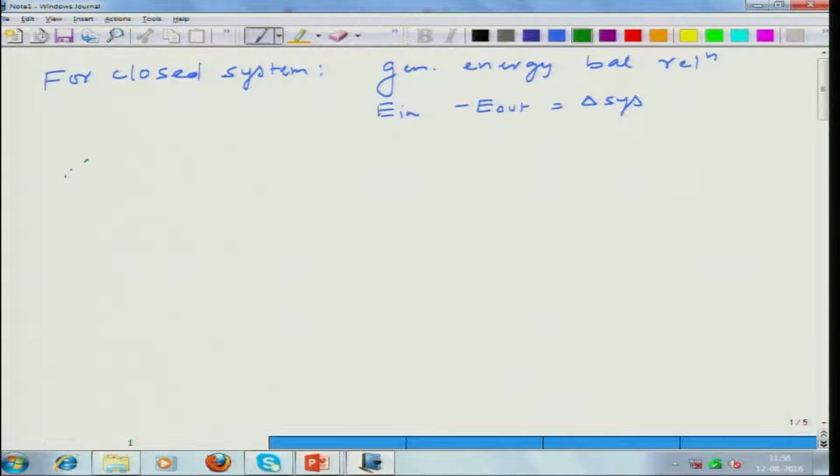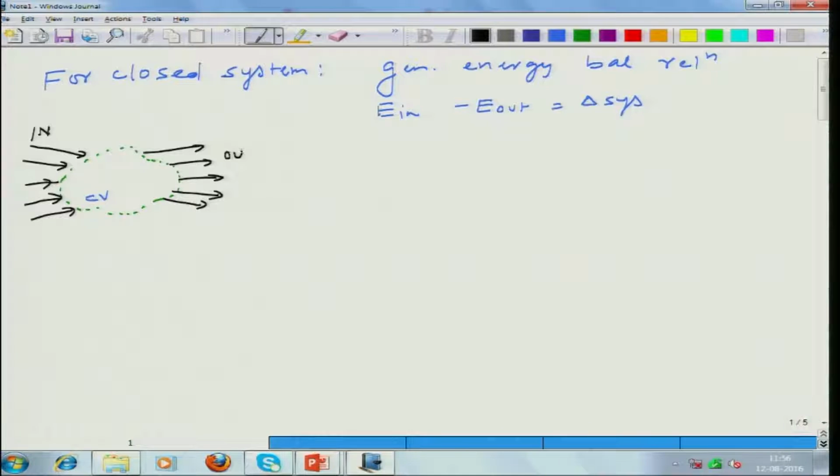So this is, let's say, our control volume, inside this dashed line. Then you have a series of streams which enter, indicated by this arrow. This will be your in, and this would represent the out stream.